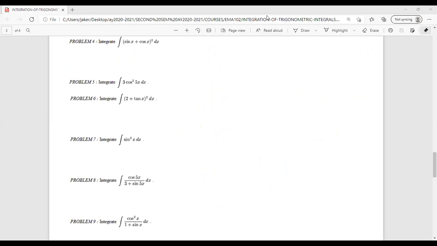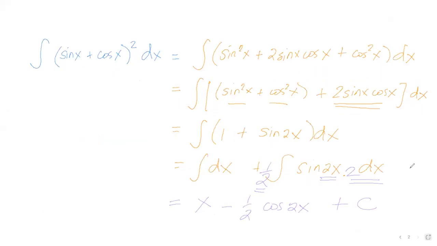Next, 3 cosine squared of 5x dx. How are we going to simplify this? We set aside the 3. And what do we do with the cosine? Anybody?